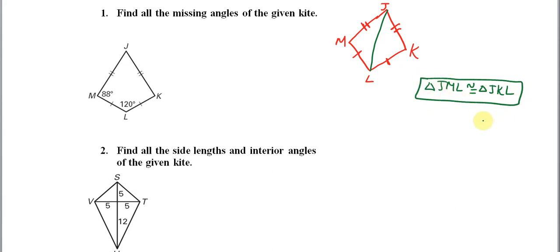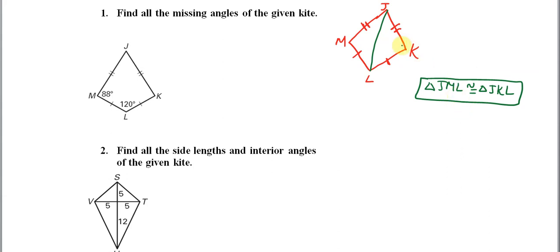And you can see that they're congruent by side, side, side. They each have a segment, JK and JM, that are congruent to each other. Another set of segments, ML and KL, and then the segment in the middle here. Now, we'll go back and fill out the details of that in just a minute.